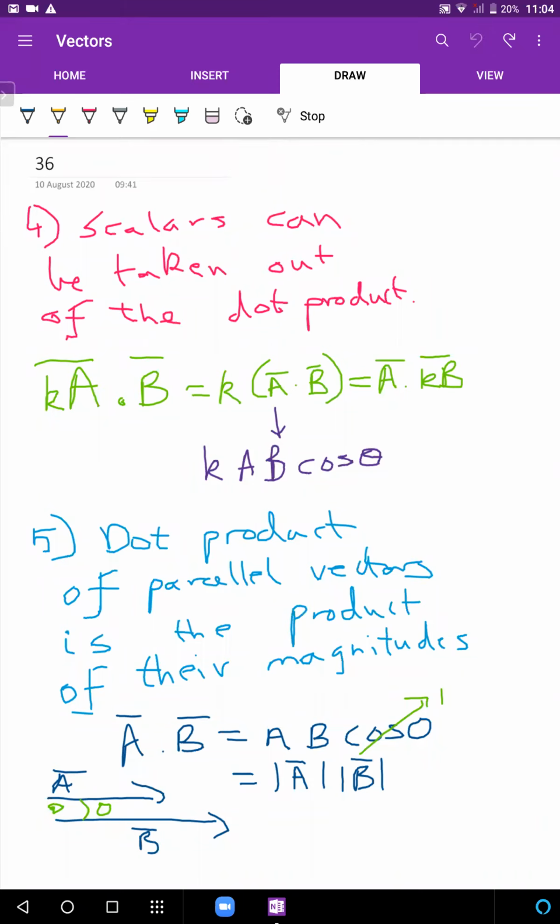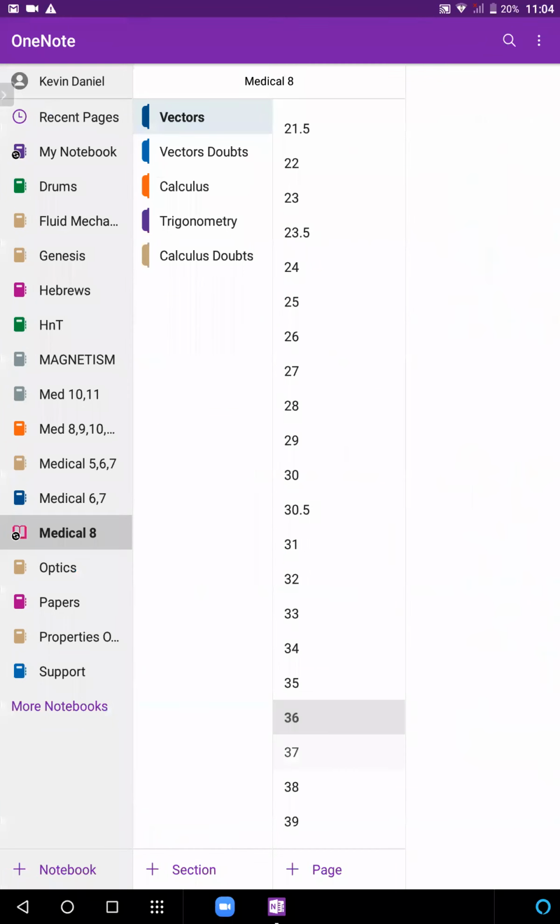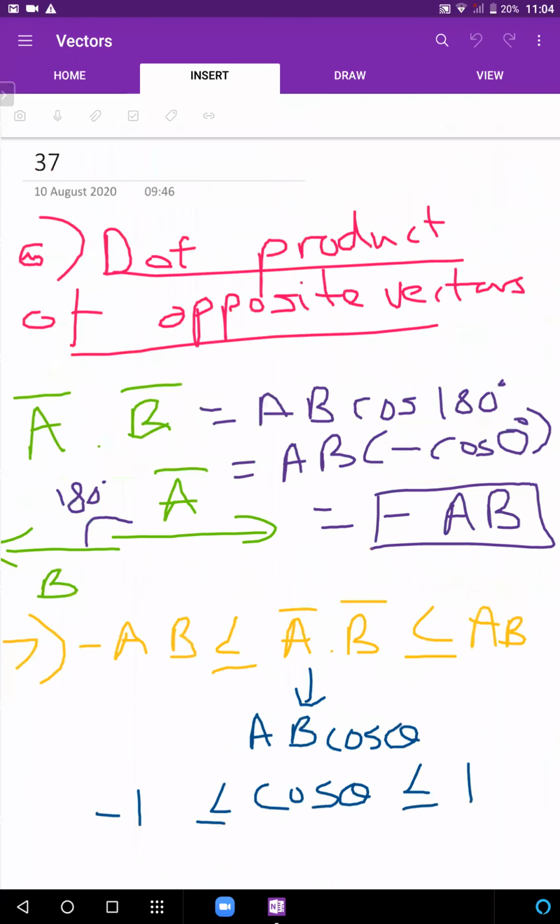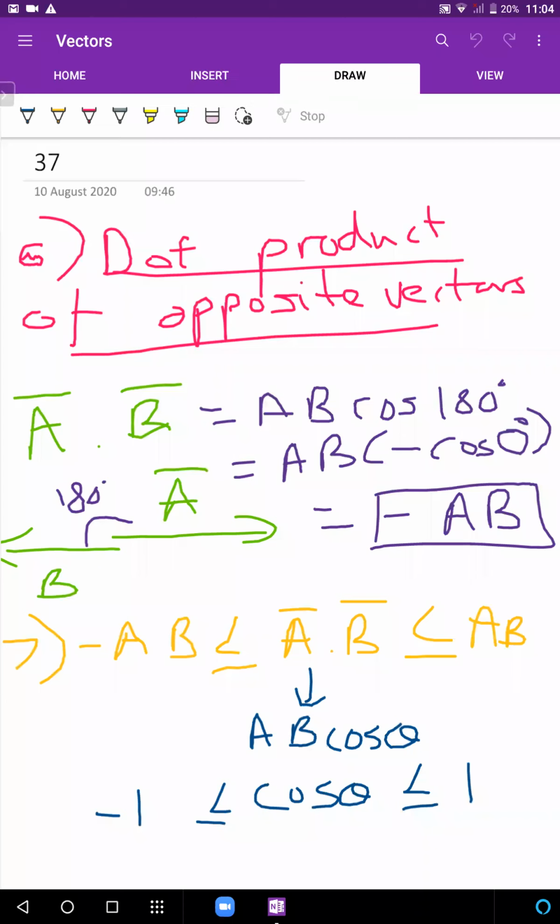Yes, Girish. So shall I go to the next point? Dot product of opposite vectors, anti-parallel vectors, will be what? Anti-parallel vectors के बीच में 180 degree angle होता है.